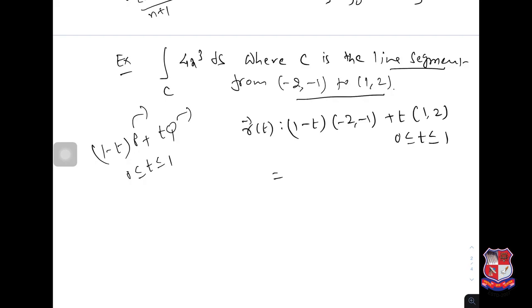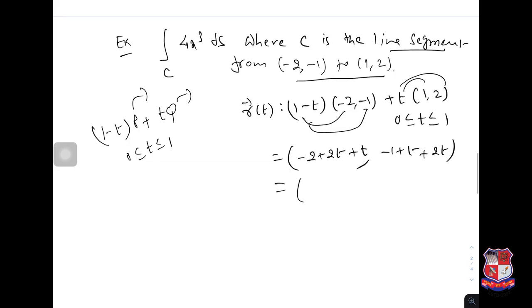So we can just simplify: you will get -2 + 2t, then plus t, then this is -1 + t and plus 2t.